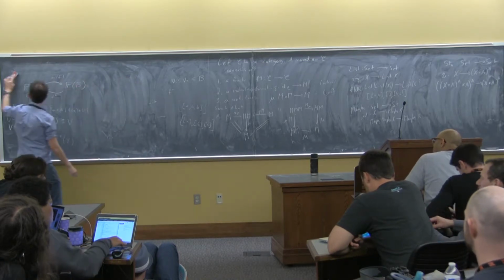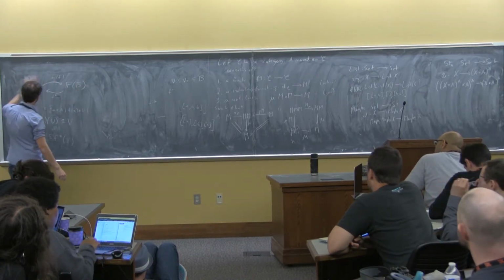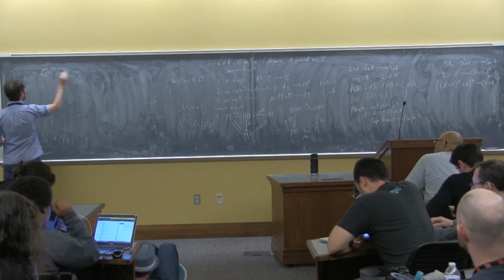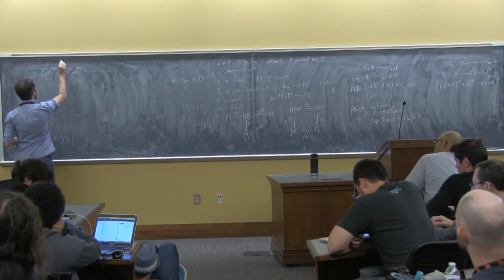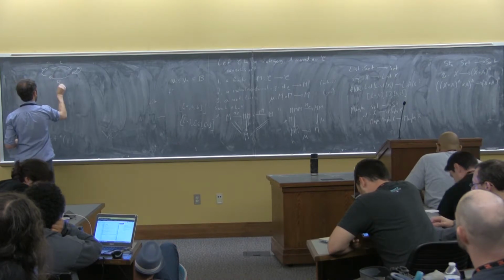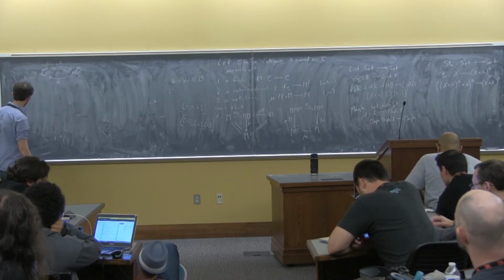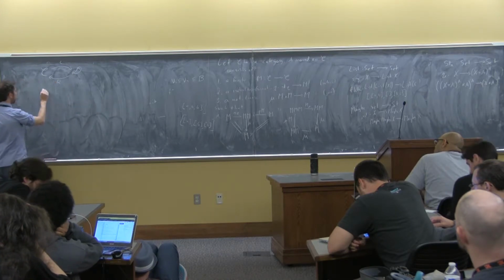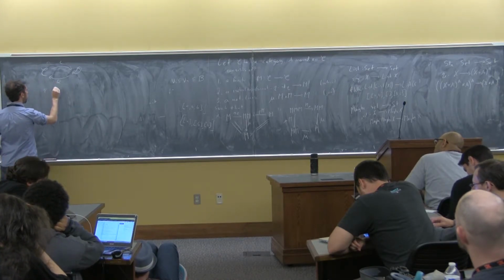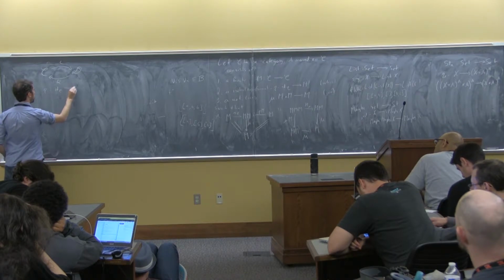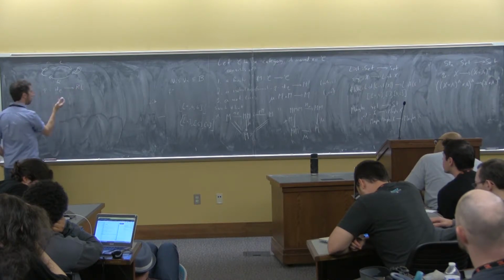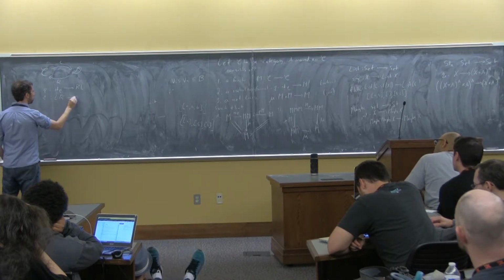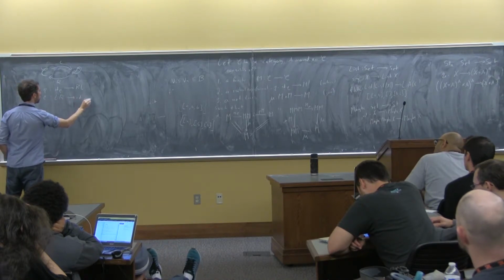You have an adjunction from C to D. You have an L, and you have an R. And you have this unit and this co-unit. So you have the unit taking identity on C to RL, and you have the co-unit taking LR to identity on D.